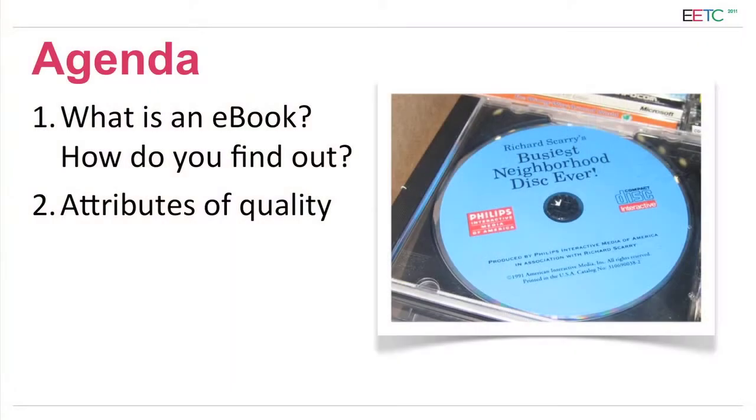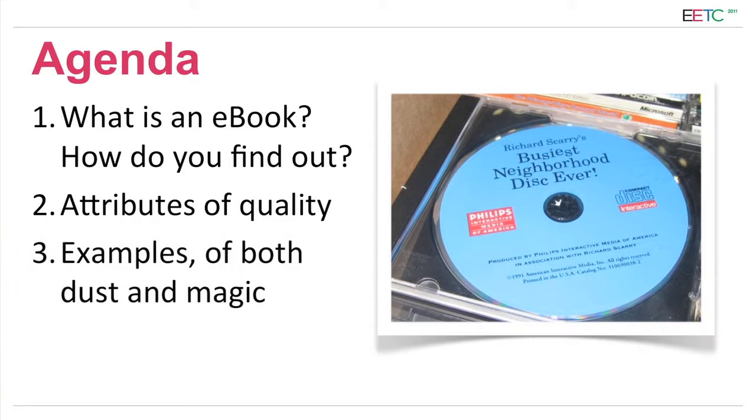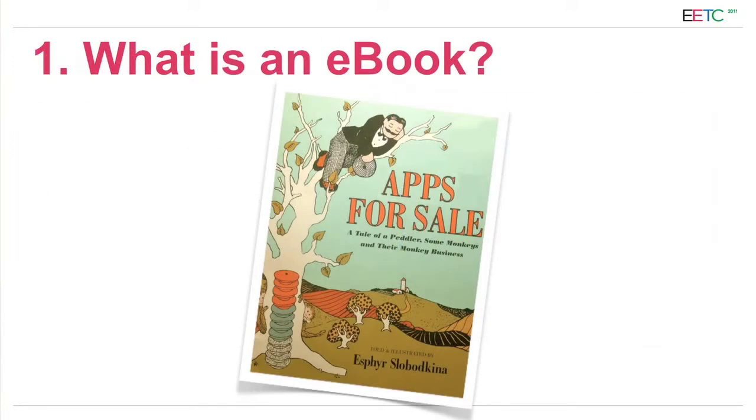Also, Tammy, where's Tammy? Talked about Kindles yesterday. So I'm hoping you guys will help me along as we go here too. So there's other stuff going on here. And then the third thing is examples of Duster Magic. And as you know, I have a conference called that. I'm going to rename it Dustin Magic, I think is a good idea. All right. So what is an ebook is the first question.